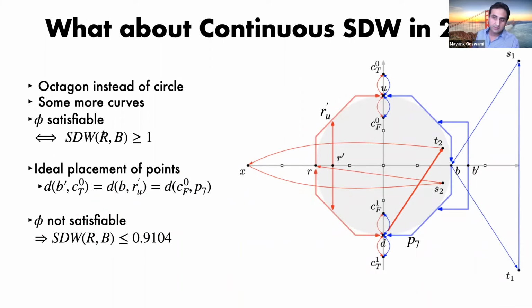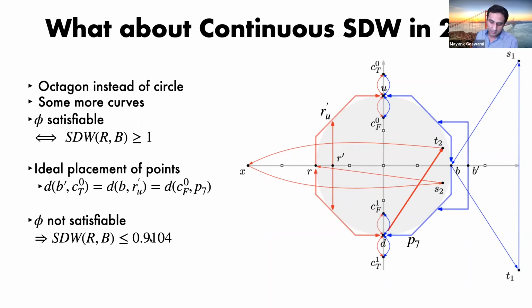and you can show the same thing, that if the formula is satisfiable, then there is a pair of traversals, a pair of assignments, and therefore red and blue can walk while maintaining distancing 1. On the other hand, if there is no satisfying assignment, then the best red and blue can maintain is one of these 3 distances. So then in the lower bound, you basically arrange the points so that these 3 distances are equalized, and that gives you this factor.